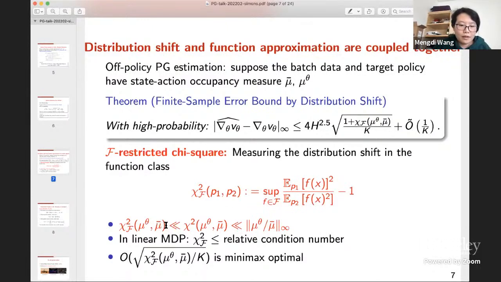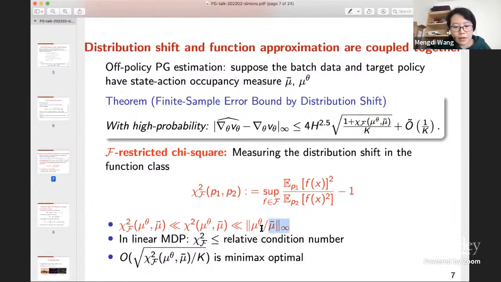The function-class-restricted chi-square divergence can be substantially smaller than the non-restricted, plain vanilla chi-square divergence between the two occupancy measures. And even without function approximation, the chi-square divergence is substantially smaller than the L infinity norm of the density ratio.